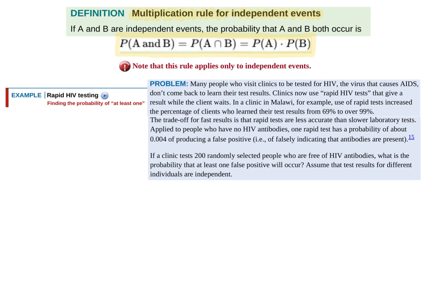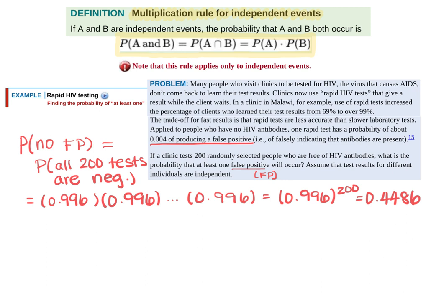So if a clinic tests 200 randomly selected people who are free of HIV antibodies, what is the probability that at least one false positive will occur? Assume that the test results for different individuals are independent. We know that 0.004 of the time, a false positive is produced. I want to know the probability of no false positives, which means all 200 tests come back negative.